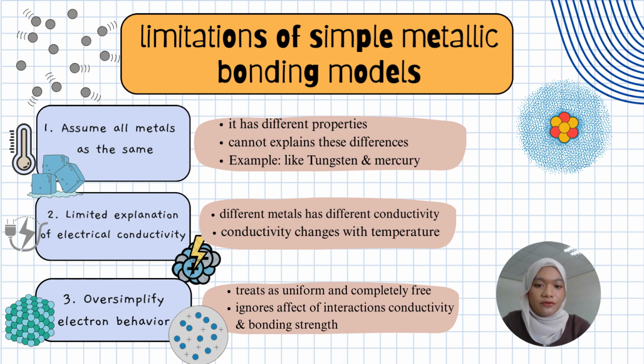Conductivity can also change with temperature. Lastly, oversimplified electron behavior. Electrons act as free moving in the structure, but they still interact with metal ions and other electrons, so this ignores the effect of these interactions on conductivity and bonding strength.